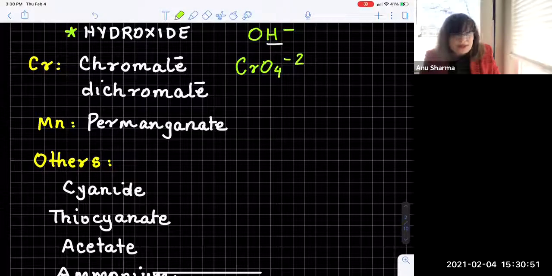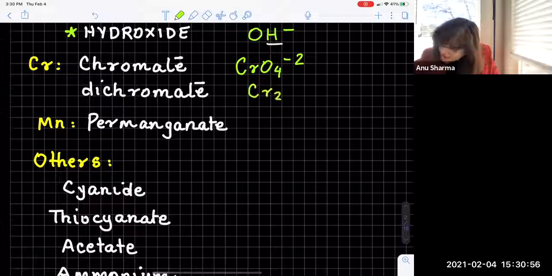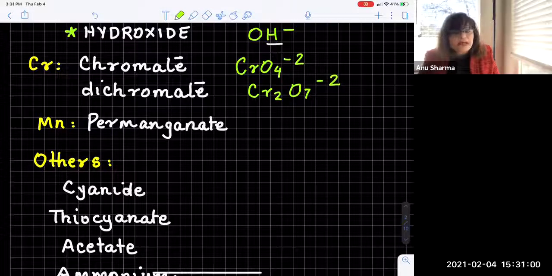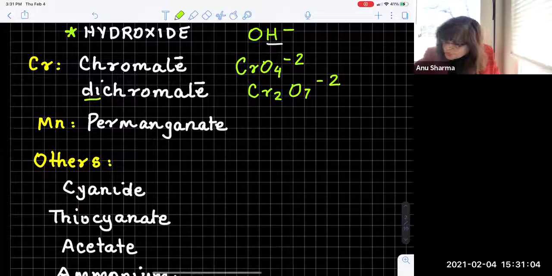Okay, so that's chromate. But dichromate is Cr2O7 2 negative. Okay, so dichromate, di means two chromates. It's coming from chromium.